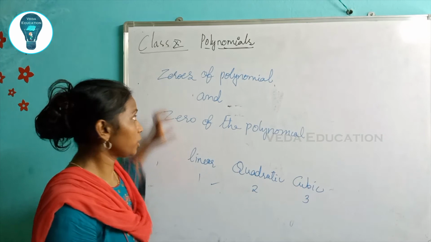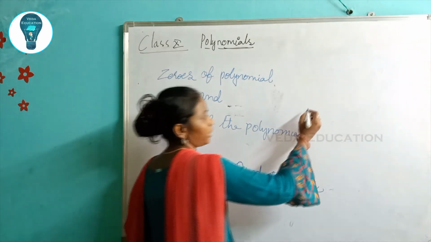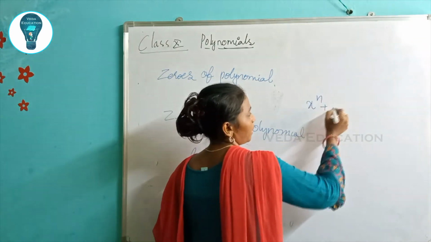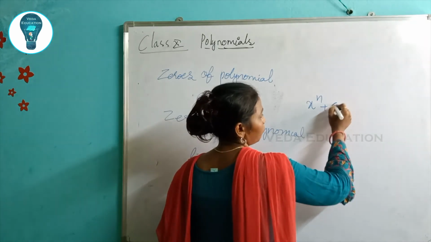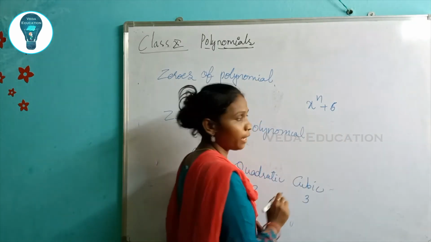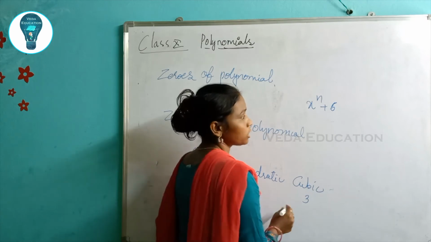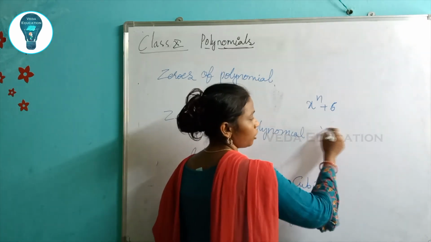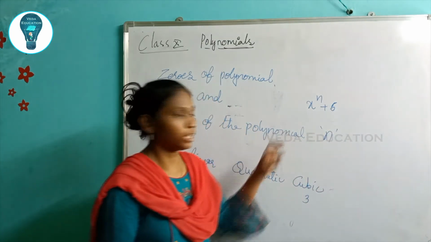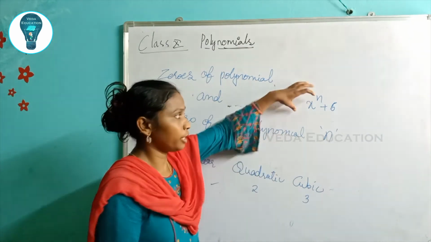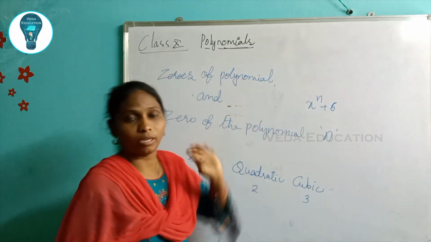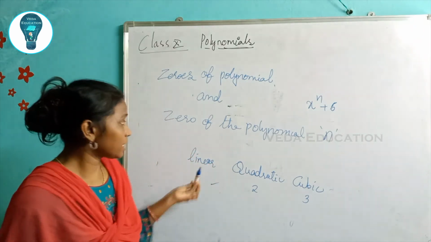Without doing the calculation, they will ask some question here. Look here, x to the power of n plus 6. So what are the possible zeros? n number of zeros you can get for the given polynomial. Got it? Based on degree, we can say the zeros of the polynomial. Got it, everyone?